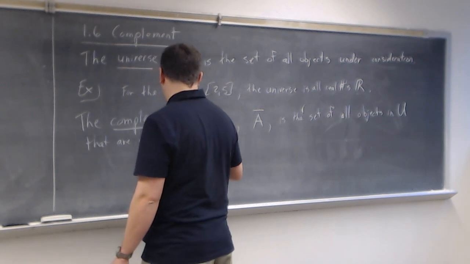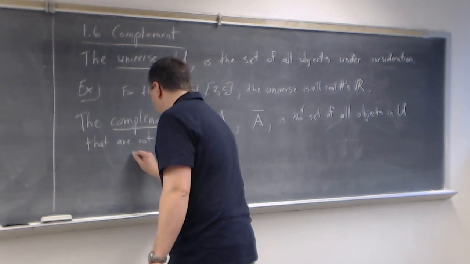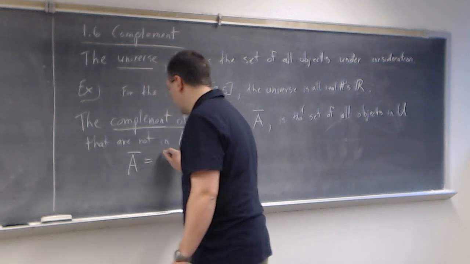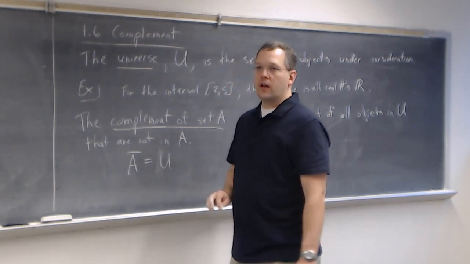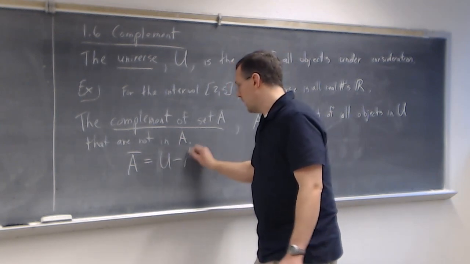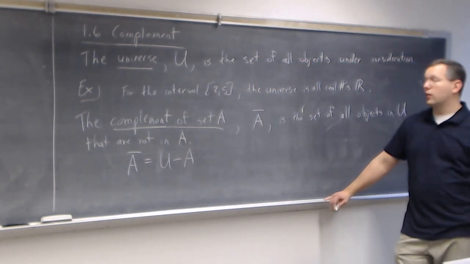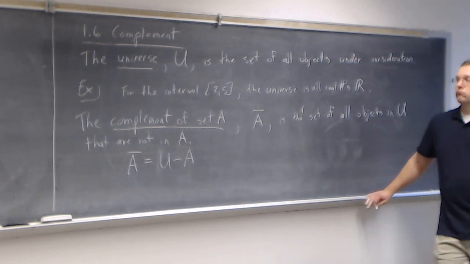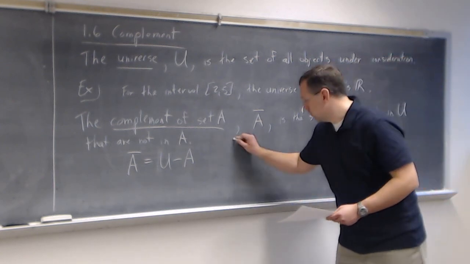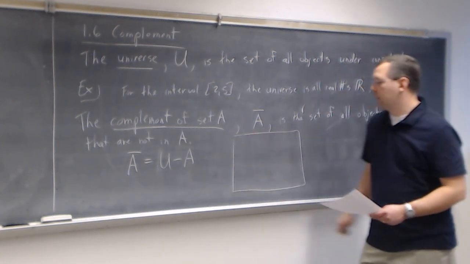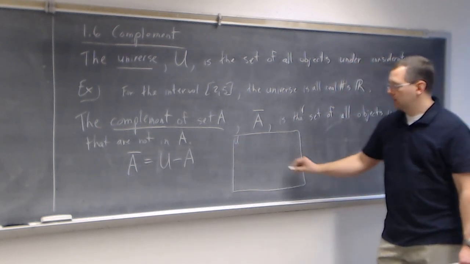Okay. So the complement of A is all the elements in the universe take away A. That's one way you can define it, instead of all points in the universe that are not in A. So for a Venn diagram, you have your universal set of things you're looking at.